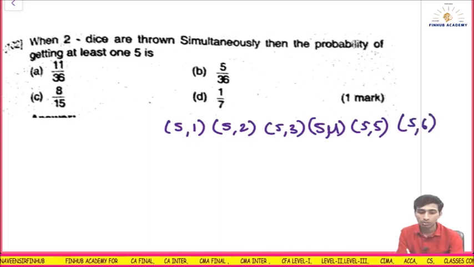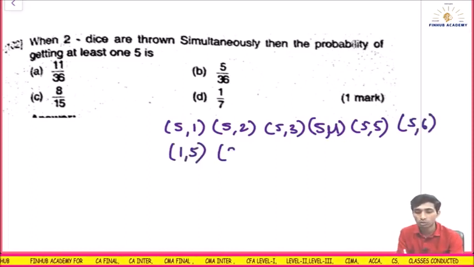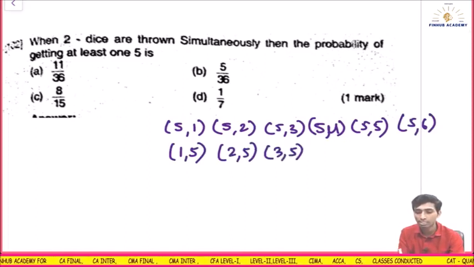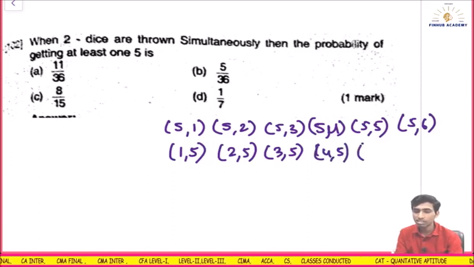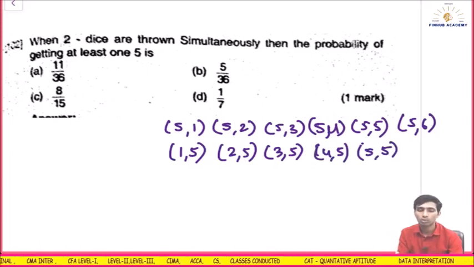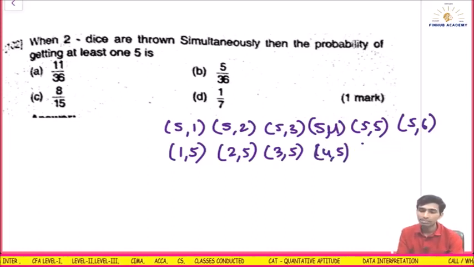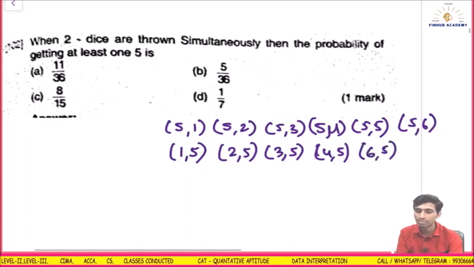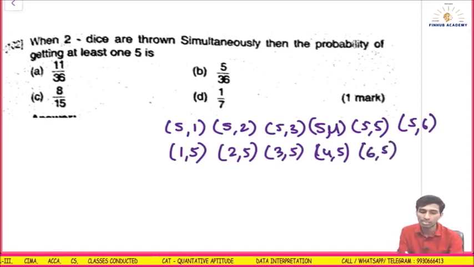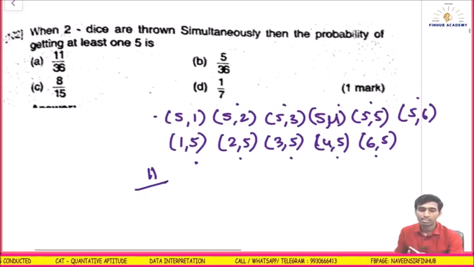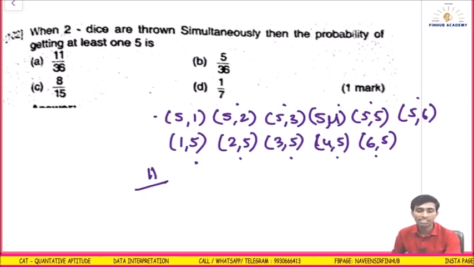Also 1 comma 5, 2 comma 5, 3 comma 5, 4 comma 5 can be there, and 6 comma 5 can also be there. Understood? How many outcomes are there? 1 2 3 4 5 6 7 8 9 10 11. So 11 is the number of ways the event happens, that is at least one 5.